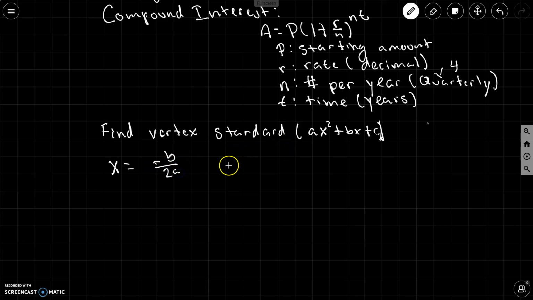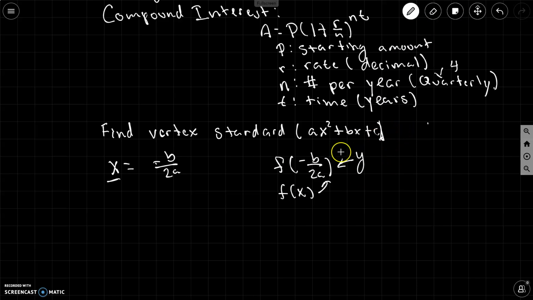That will give you the x value of the vertex. To find the y, you have to plug the x value into the problem, so plug negative b over 2a in. Remember, this should technically be f of x. That's how you find x, and this is how you find the y value.